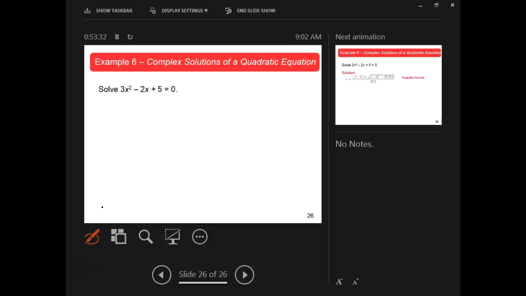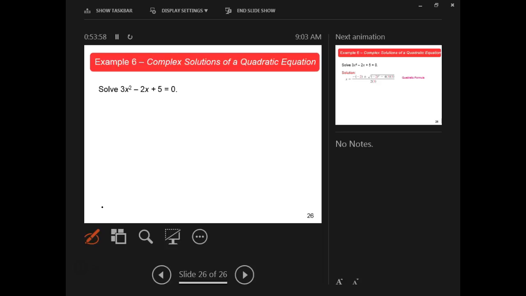Let's do it right now. What is your b squared here? It's 4, right? Minus 4ac. That'd be minus 4 times 3 is 12 times 5 is 60. 4 minus 60. Guess what? Negative number. In the radical, you're going to have a complex answer.